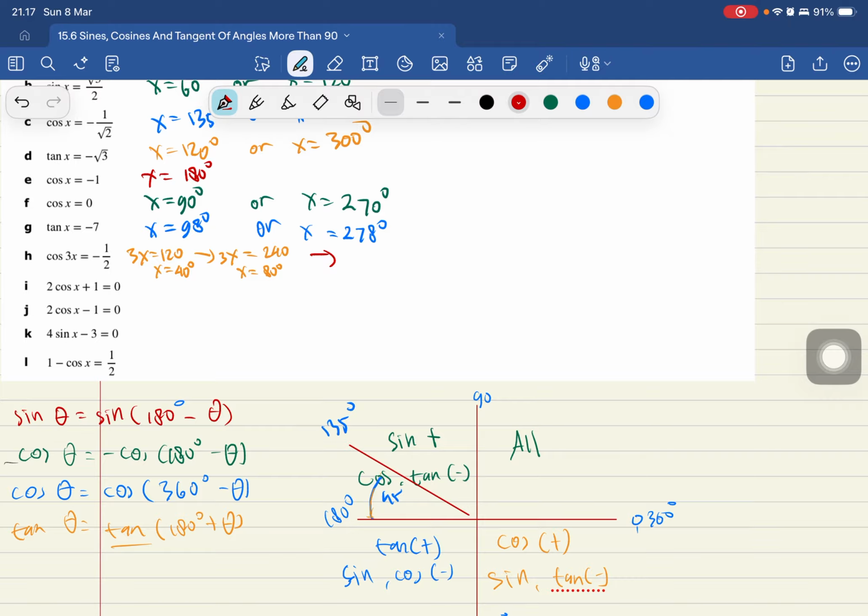So 3x equal to 120 plus 360, which is 480.